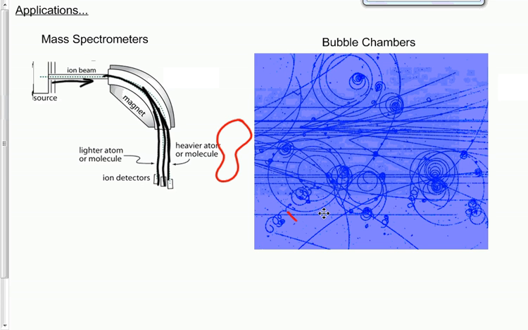So by looking at what these particles do, like this one's got a really nice spiral here, you can get a measurement of the properties of these particles. When I say measure, it's as if we put them on a scale. So you can get a lot of cool indirect evidence just from this pretty cool idea that magnetic fields make charged particles curve.